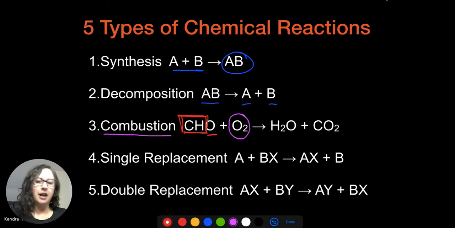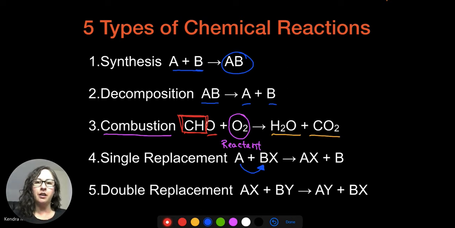Combustion is going to have oxygen as a reactant, okay? Specifically, when there's a hydrocarbon, we're always going to end up forming water and carbon dioxide on the product side.